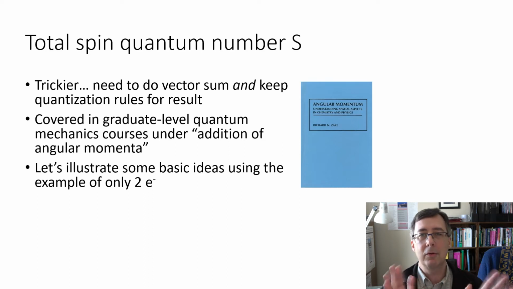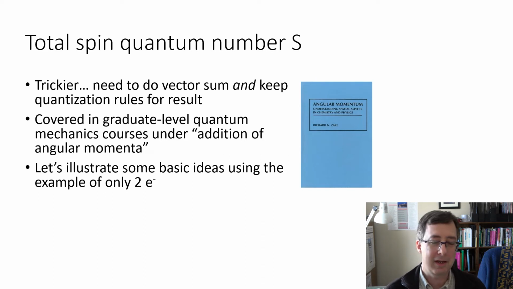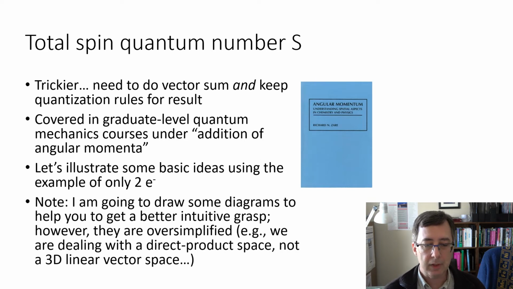And let's just look at only 2 electrons to try to keep our lives easy. However, in the diagrams I'm going to draw, I'm going to pretend that I am doing a vector addition. And as I've tried to hint already, it's not literally a vector addition of vectors in 3D space. These spin vectors are more abstract quantities than that.